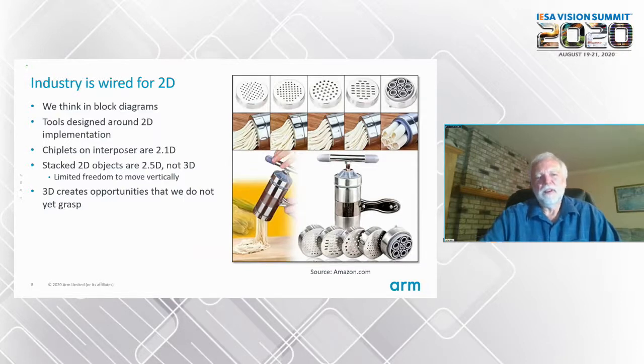And the reason why I think that is when you take 2D objects and stack them up, you don't really get 3D. And to show you why that is, I took a picture of the spaghetti maker. If you look at the spaghetti maker, there are a bunch of strands coming out of that spaghetti machine, and you could take those strands and you could twist them arbitrarily.